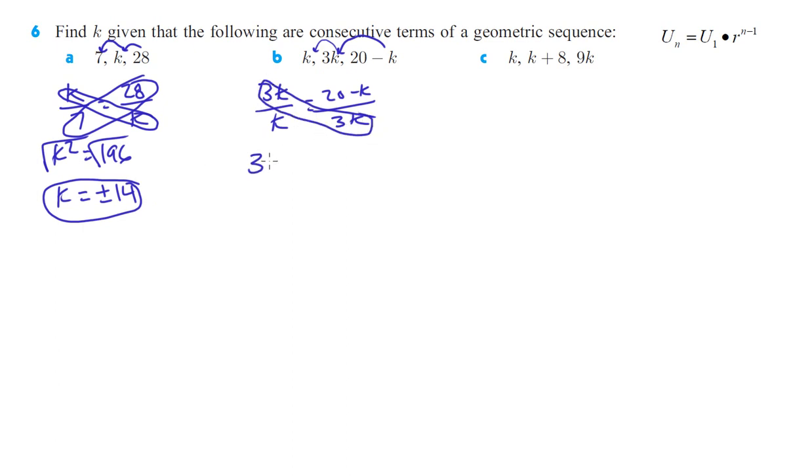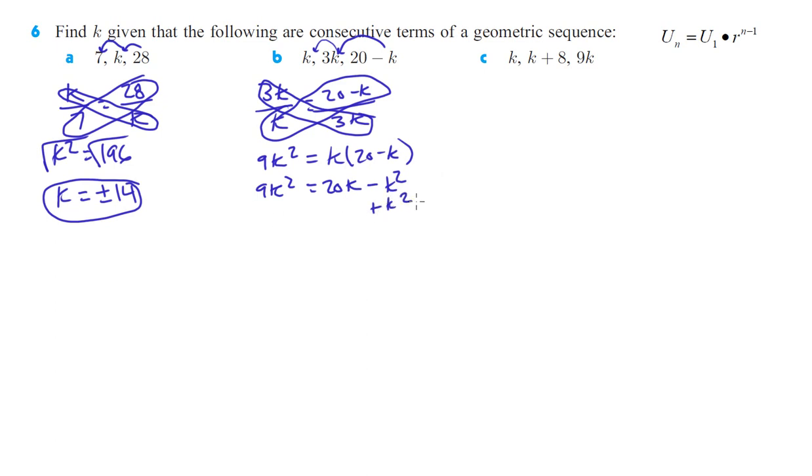So we get 3k times 3k is 9k squared, and that's going to equal k times 20 minus k. So we get 9k squared equals 20k minus k squared, right? So I'm going to move all these to one side: add a k squared and subtract a 20k.